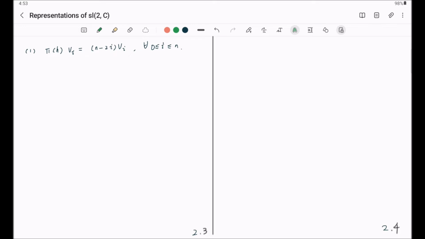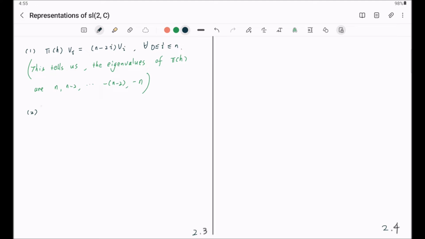This relation tells us the eigenvalues of pi of H are n, n minus 2, all the way to negative n plus 2, negative n.